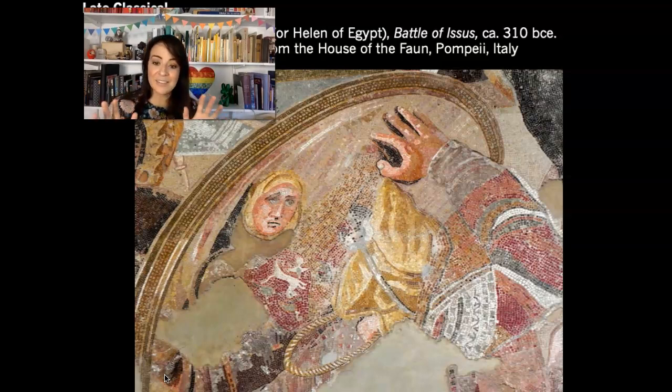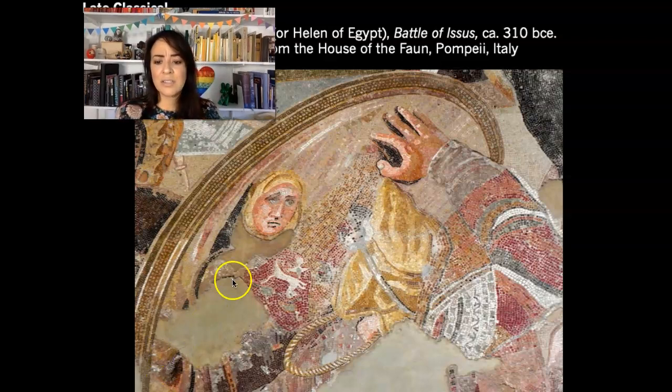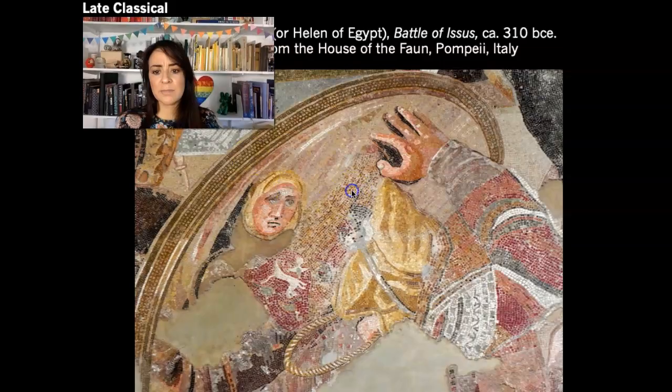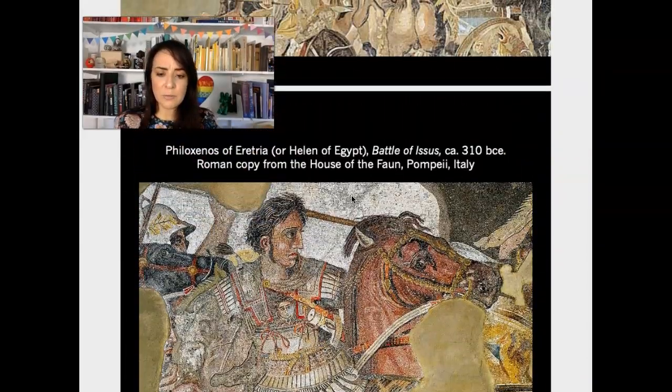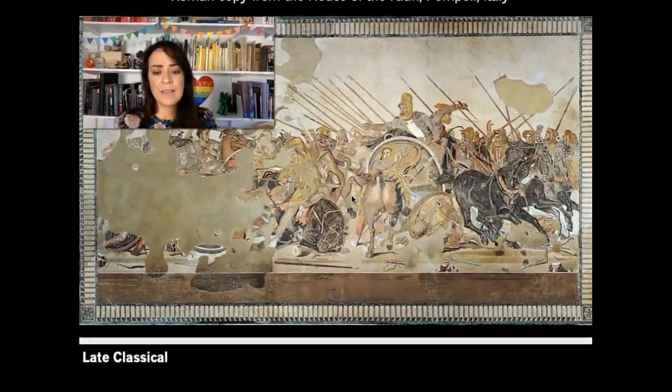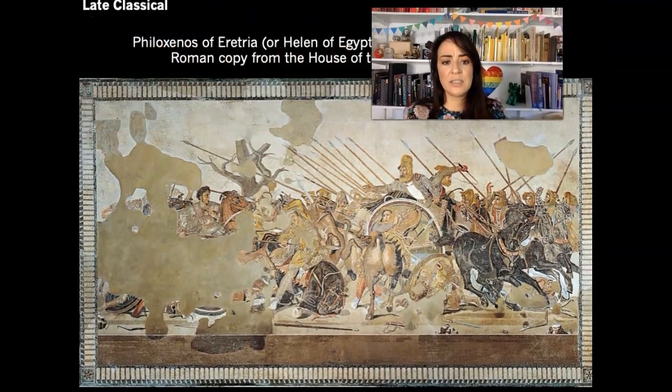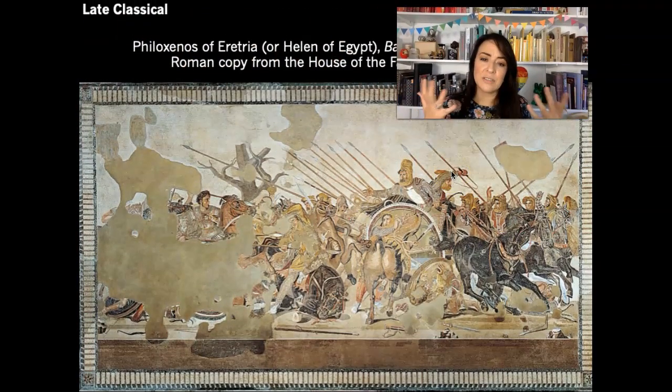So what we have here is a man caught between life and death. This is something that is a play on opposites, but there is so much drama and pain and fear in this moment that art historians want to call attention to this, and then connect it to the larger discussion of the late classical.